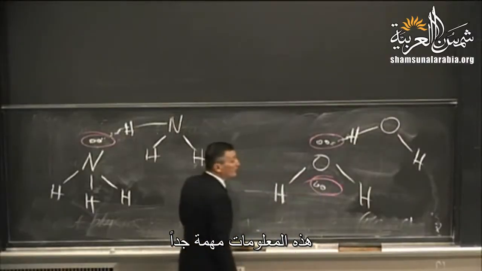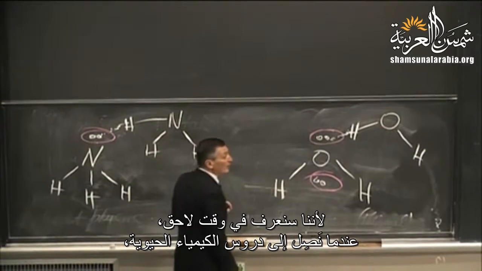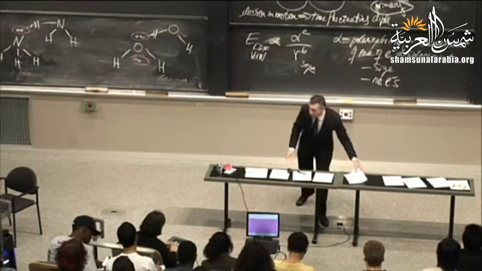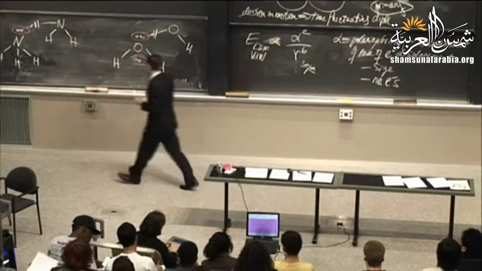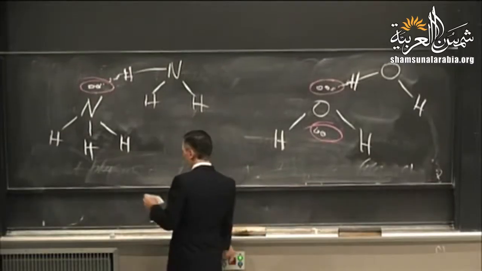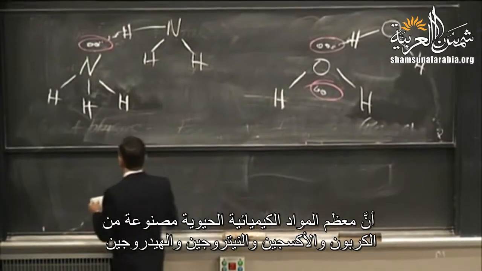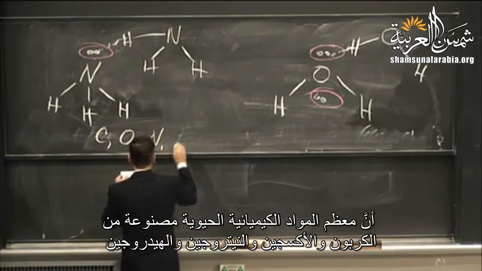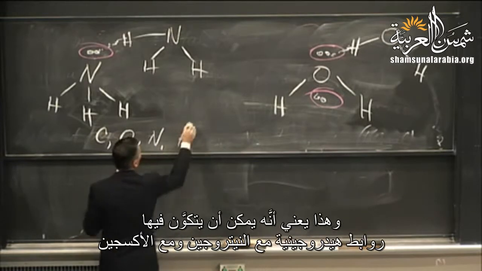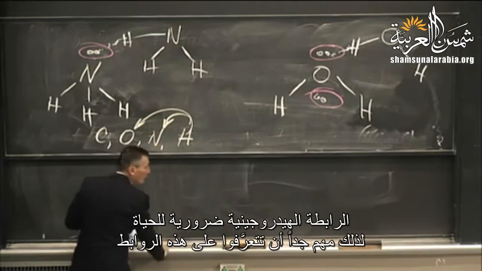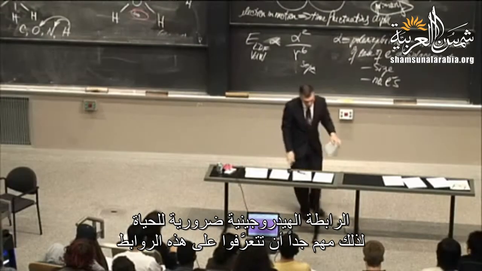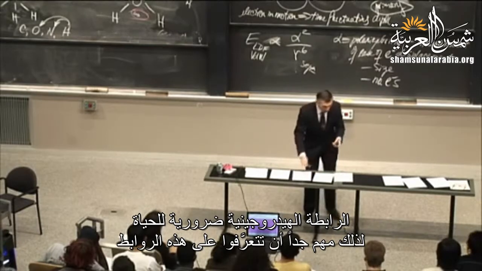This is very important, because we are going to learn later that when it comes to biochemistry, we will appreciate that most biochemicals are made of carbon, oxygen, nitrogen, and hydrogen. And that means you can have hydrogen bonds here, and you can have hydrogen bonds here. Hydrogen bonding is critical to life. So this is a very important thing to know about.